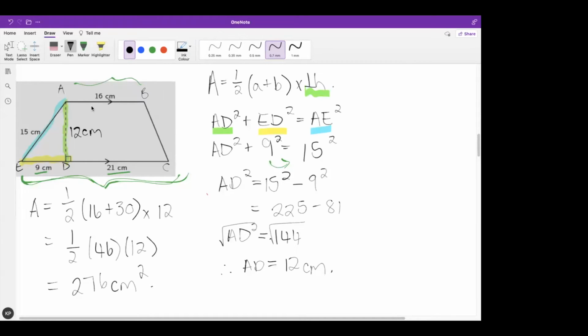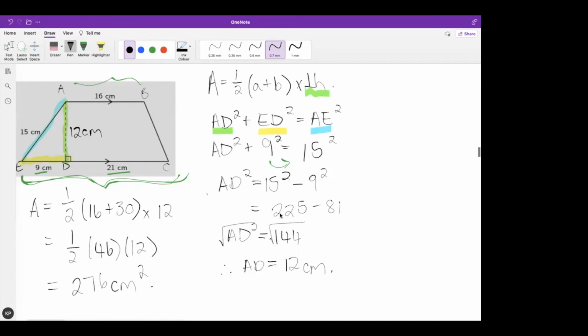Side 1 is 16, do you agree? Yes, ma'am. And then side 2 is the whole of EC, which is the 9 plus the 21, which is 30 centimeters. So it's 16 plus 30 times the height that we just found, which was 12. Oh, okay. Thank you, ma'am. I hope I've clarified a little bit for you. Nice.